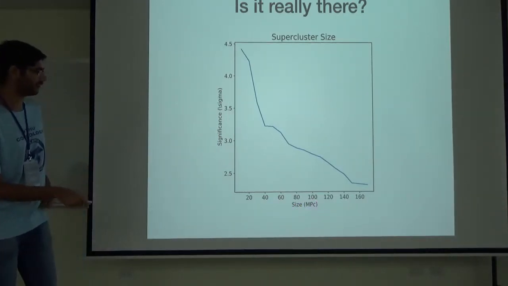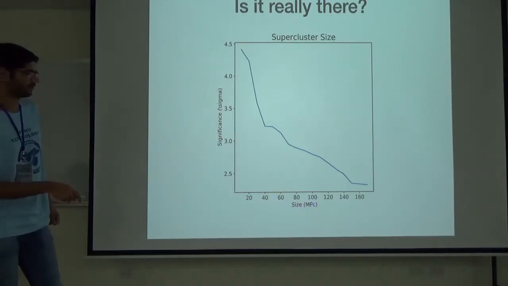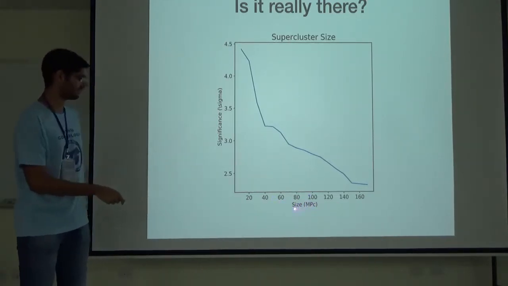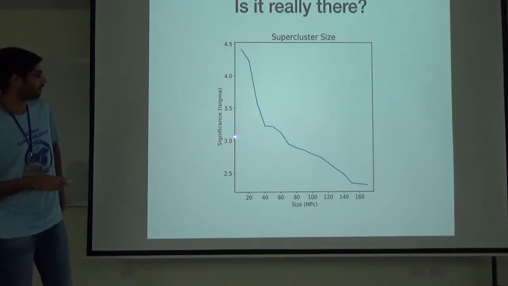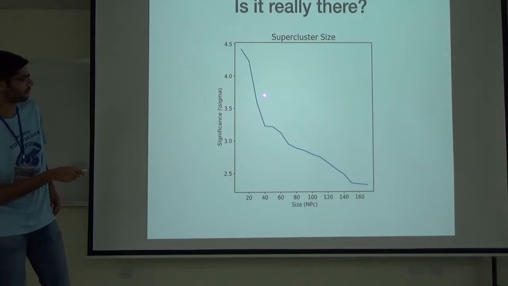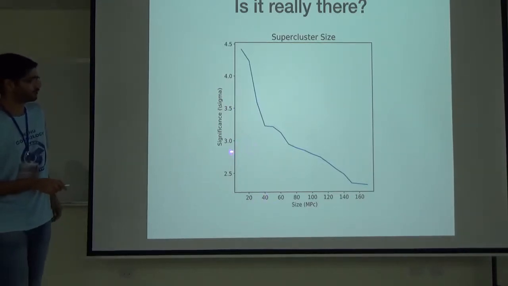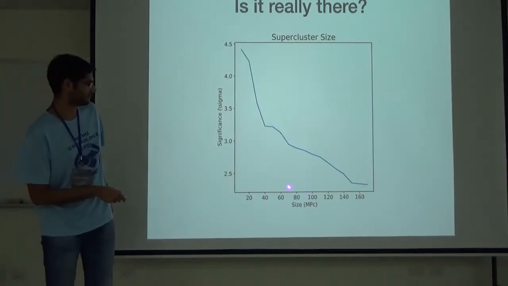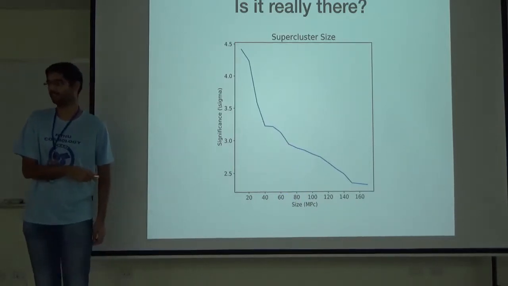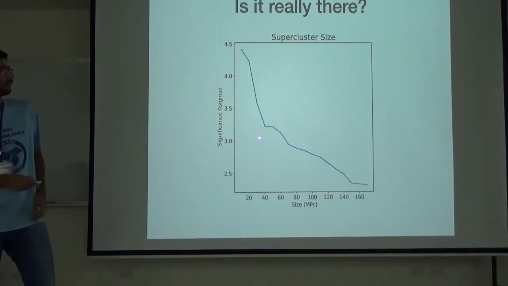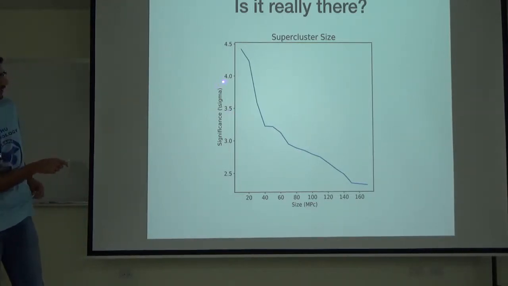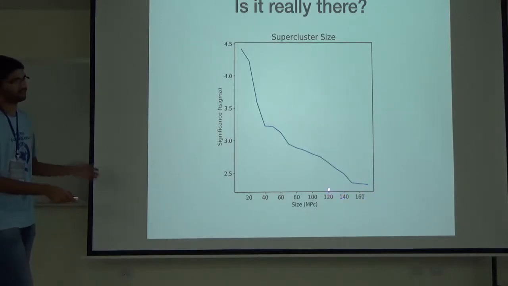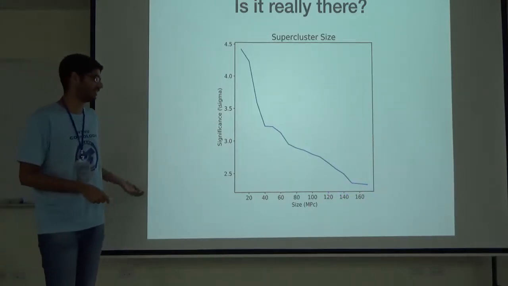This is the diameter in megaparsec scale. As you can see, we have a 3.5 sigma at 40. So a 3 sigma detection is around 80 megaparsec in size. So we are quite confident of the existence of the structure. And again, it flattens out around the diameter of 160 or the radius of 80 megaparsec.